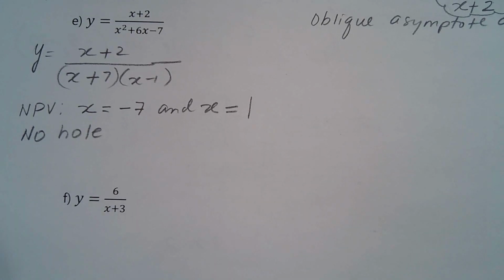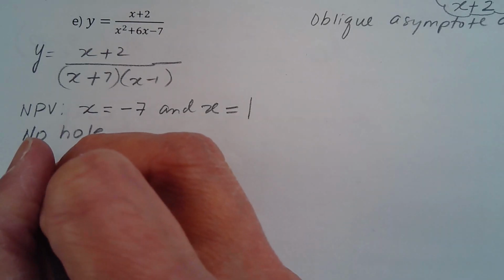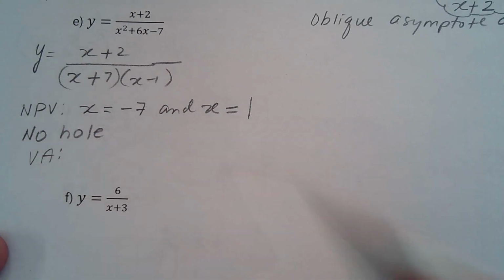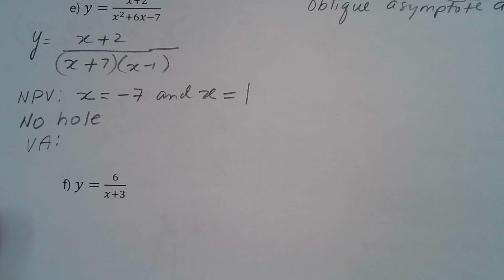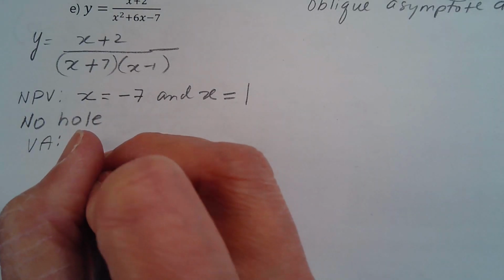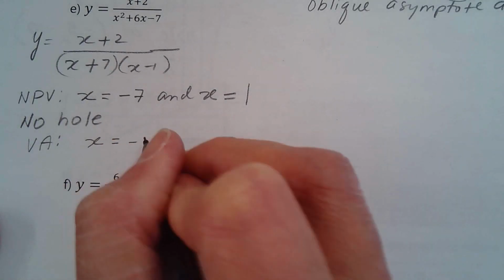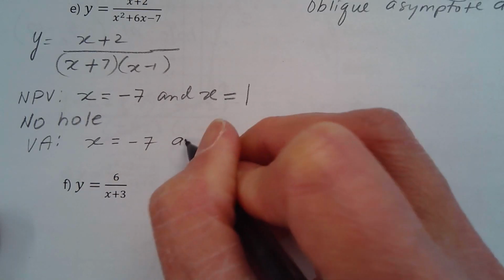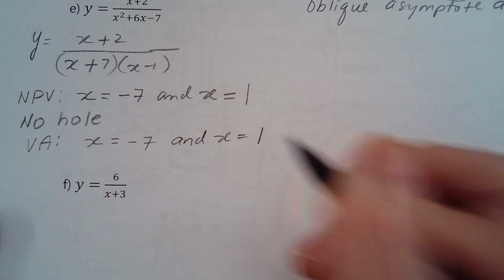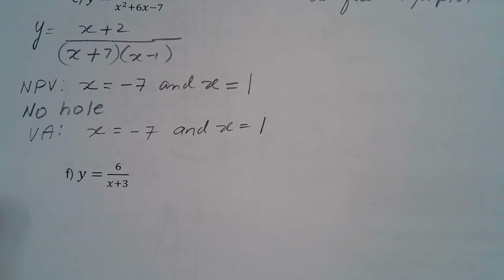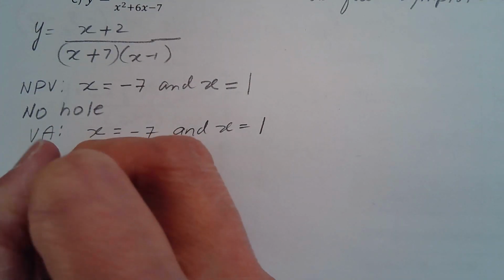Okay, good. So what's a vertical asymptote? 1 and -7. Yeah. The equations of the vertical asymptotes would be x equals to -7 and x equals to 1. Okay. What about any horizontal asymptote?